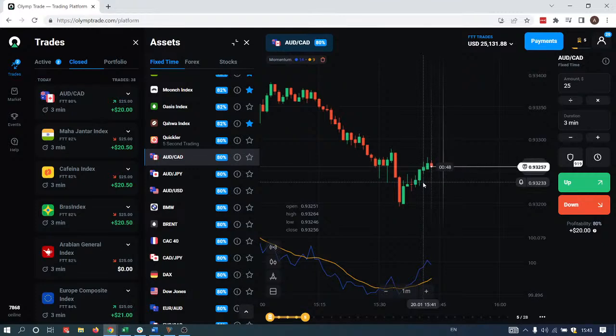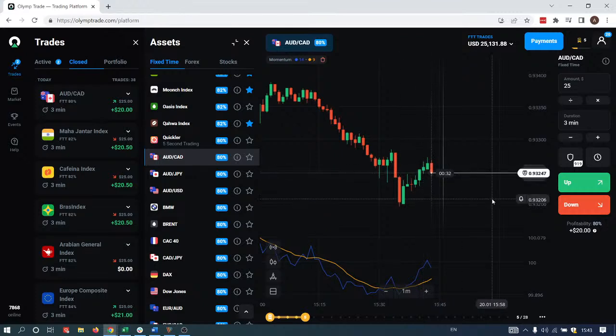I just like not to be dependent on this factor, and whether I have a significant change in price in my favor or against me, and then my trades close with a profit or loss.